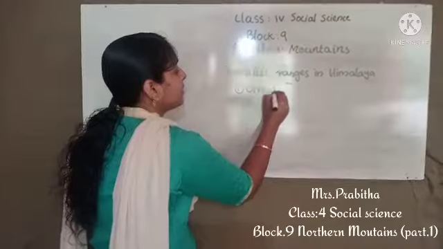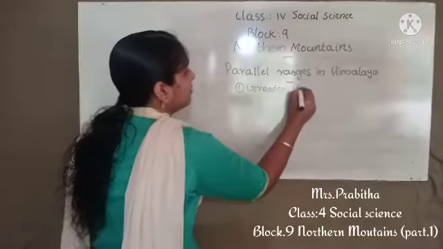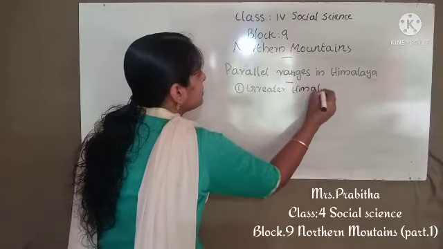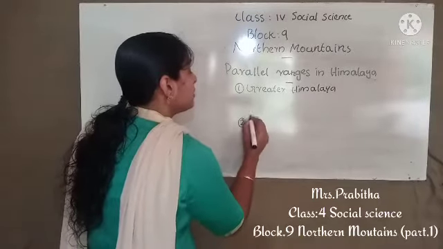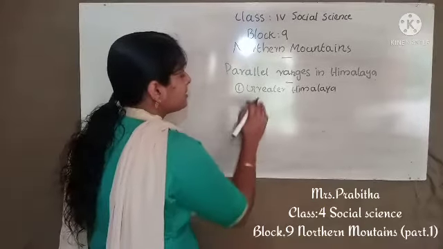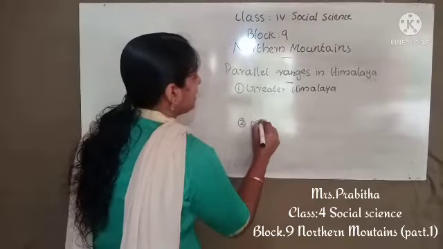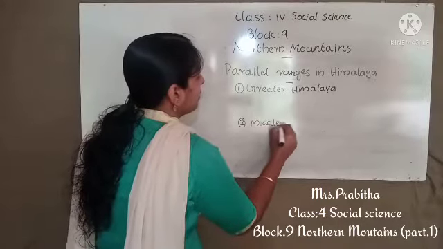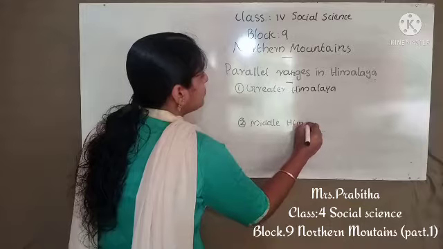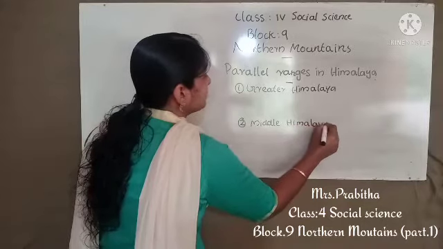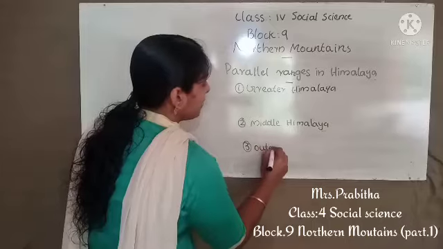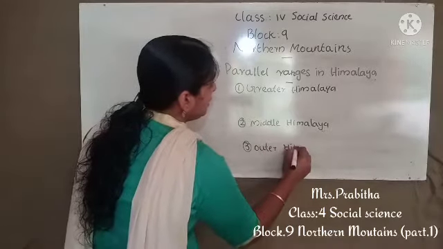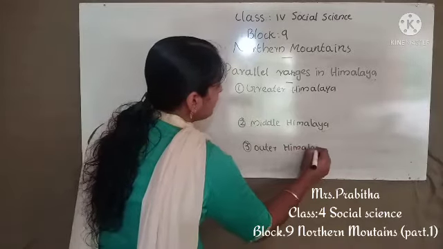First one is Greater Himalaya. Second one is Middle Himalaya. And third one is Outer Himalaya. So these are the three parallel ranges in Himalaya.